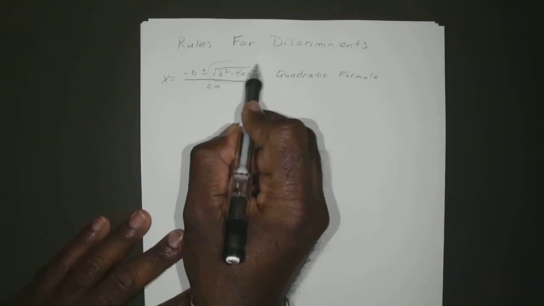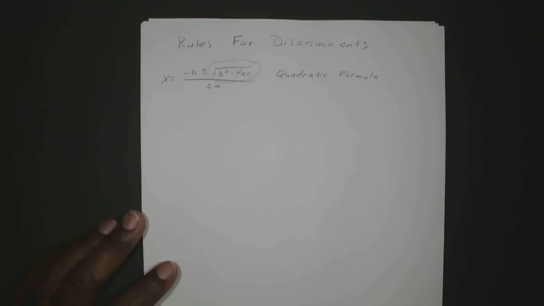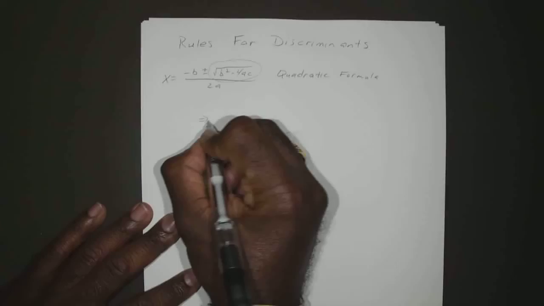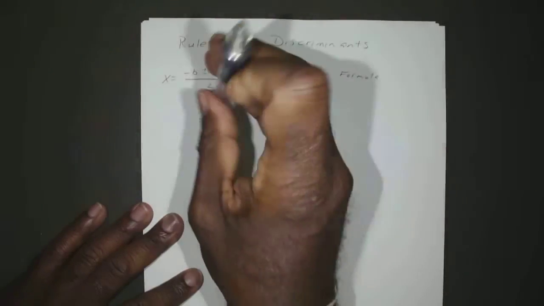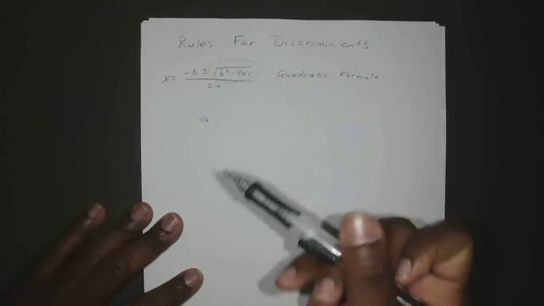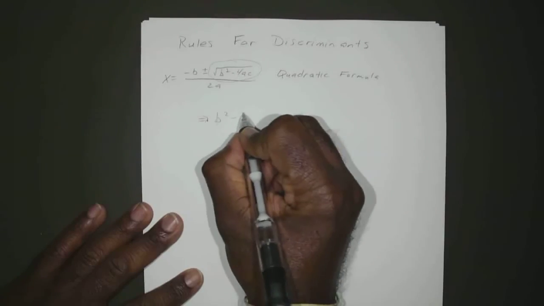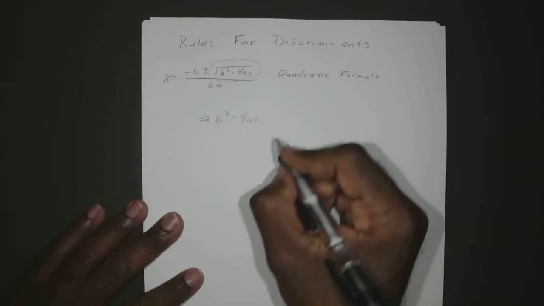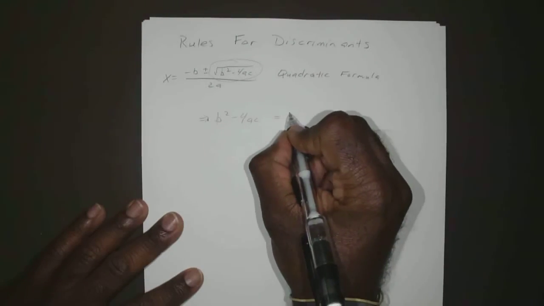This part of your quadratic formula, so the square root, well, you might as well say b squared minus 4ac, b squared minus 4ac is called your discriminant.